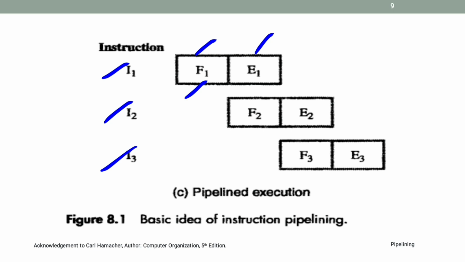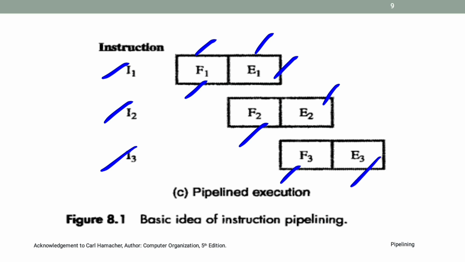During the second clock cycle, the first instruction which was fetched and given to the processor register will be executed. Simultaneously, at the same time, fetching of the second instruction is done. During the third clock cycle, execution of the second instruction is done. At the same time, fetching of the third instruction is performed.